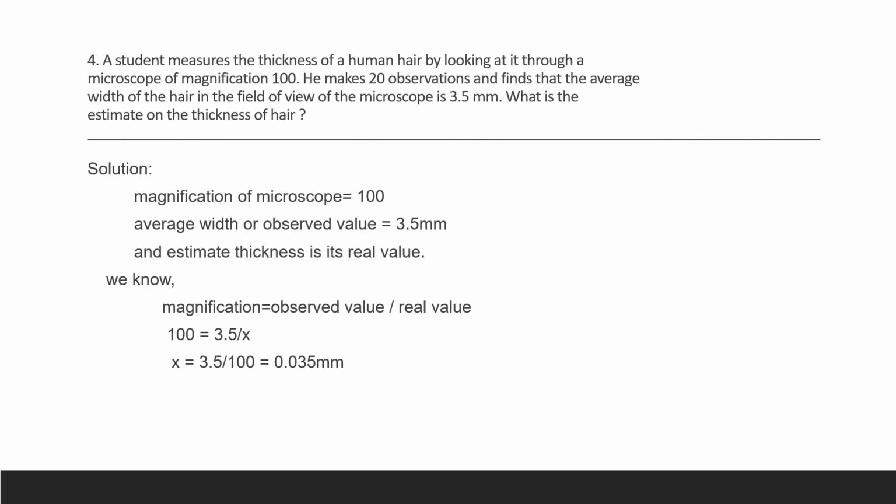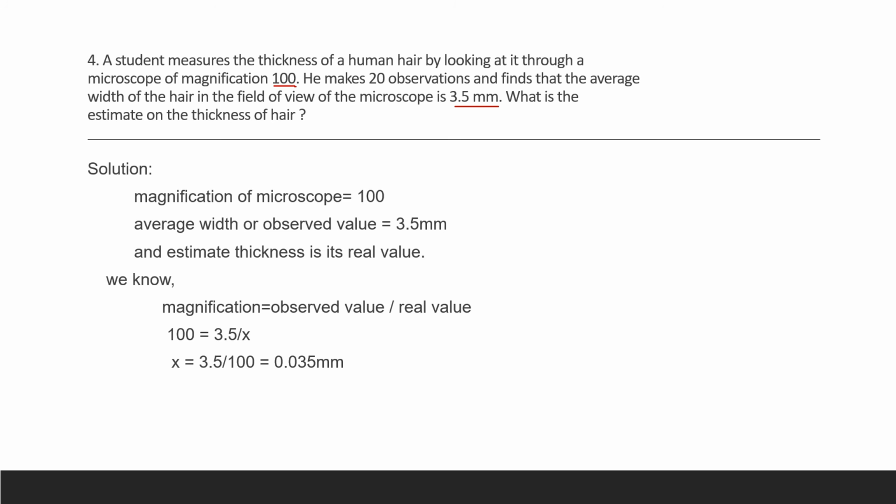Next, fourth question. A student measures the thickness of human hair by looking at it through a microscope of magnification 100. He makes 20 observations and finds that the average width of the hair in the field of view of the microscope is 3.5 millimeter.